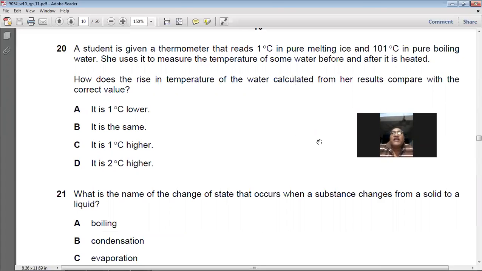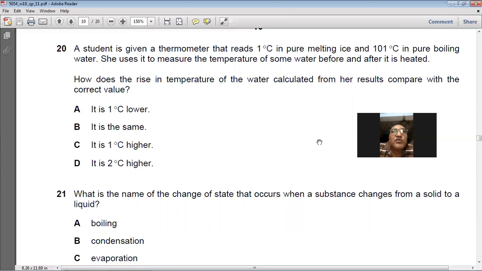It's giving 1 degree more than the accurate temperature. So in melting ice, instead of giving the reading 0 degree centigrade, it's giving 1 degree centigrade. And in the boiling water, in the steam, instead of giving 100 degree centigrade, it's giving 101 degree centigrade. So there is a positive zero error in this thermometer.